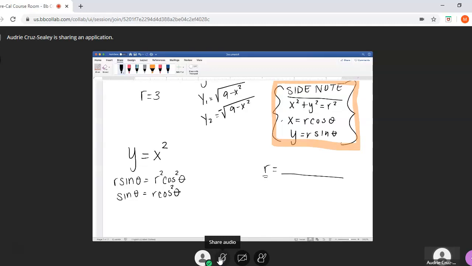Okay, to get R by itself now, I have... Sine should be on.